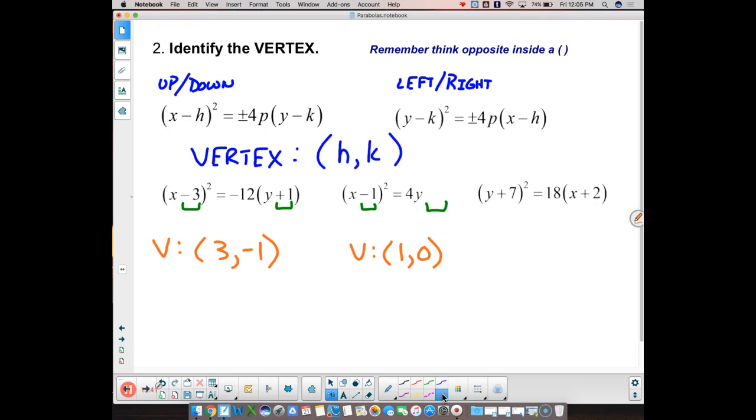So the vertex down here on this one is at negative 2, comma, negative 7.